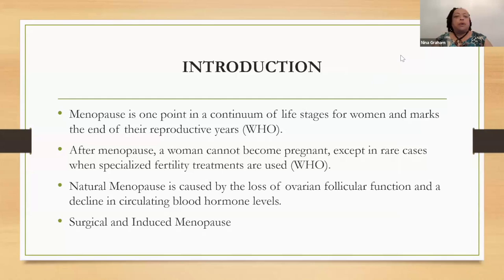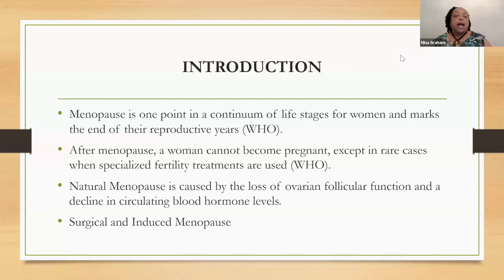So basically, there are different types of menopause. There's natural menopause, where there is a decrease in ovarian function and a decline in the blood hormone levels.